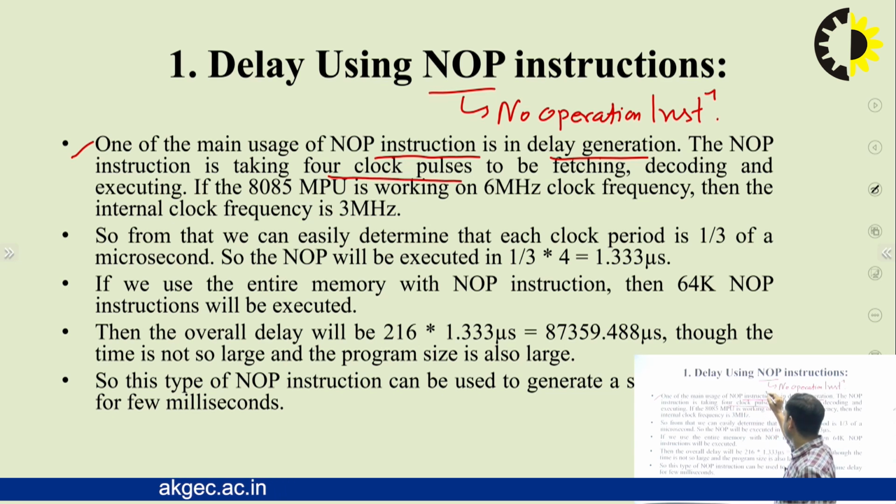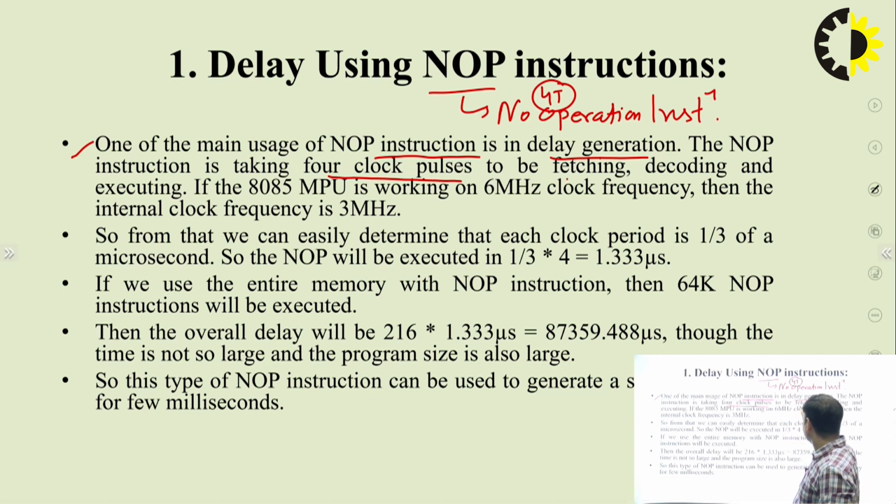So for this case we have to keep in mind it requires 4 T states for the opcode fetch of the NOP instruction. Here again there is fetching, decoding and executing of this particular instruction, because this is the operation of any microprocessor: it will first opcode fetch, then decode and then execute.